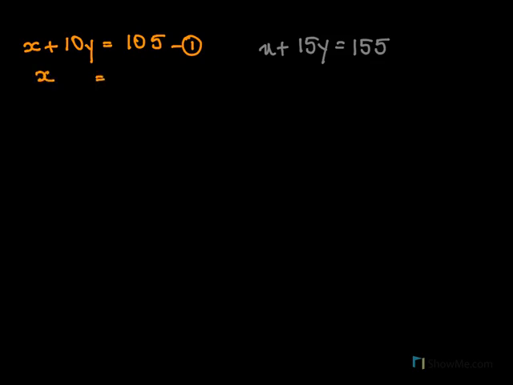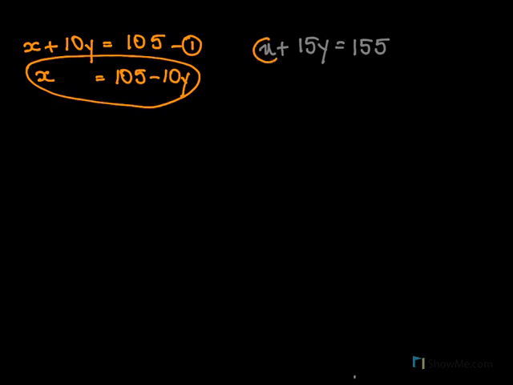So our first equation was X plus 10Y equal to 105. That was equation 1. And equation 2 was X plus 15Y equal to 155. We do the substitution method, which means we'll write X equal to 105 minus 10Y. This value of X we're going to substitute in the second one.